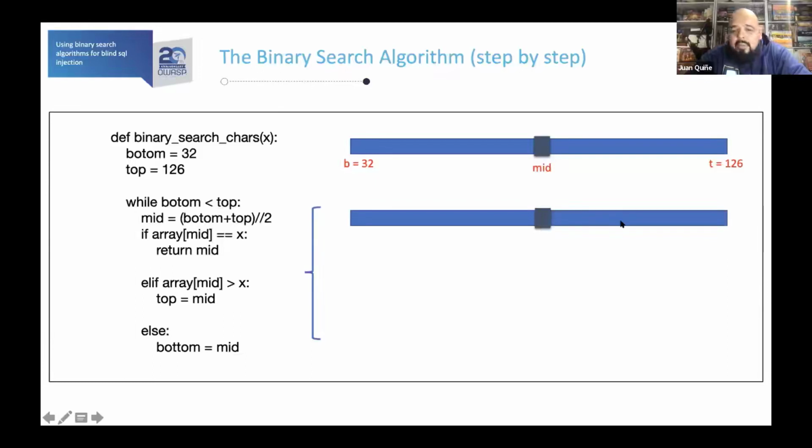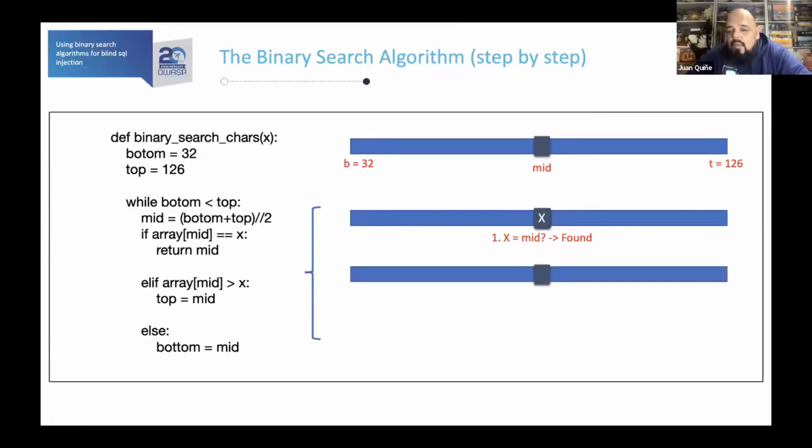One is that the character I'm asking for, X, is really the middle one. If it's found, okay, I got the character. If not, that means it will be false, and I go to the second question: is it greater than or lower than.